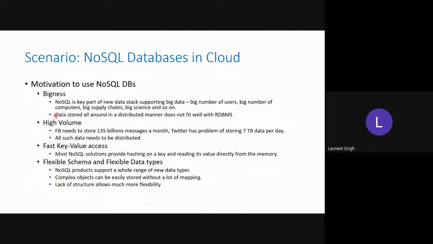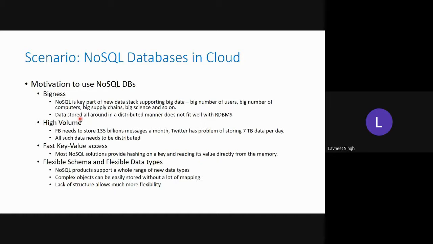This is, I think, the core part, the real value that NoSQL brings. So what happens is the data, because of the globalization of applications, we want to store the data in different locations, either for high availability or for disaster recovery or for a better user experience.